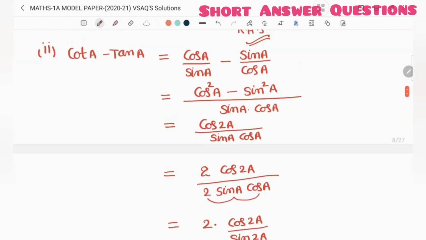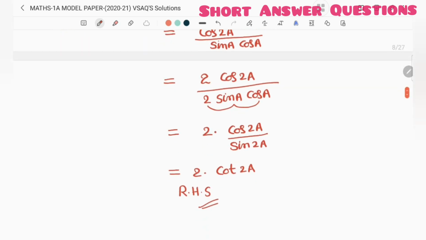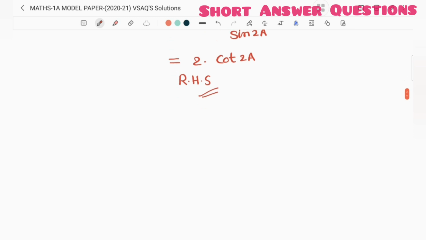So for the second question, LHS cot A minus tan A is equal to 2 cot 2A. Both results are very important, dear students. We will move to the next question.